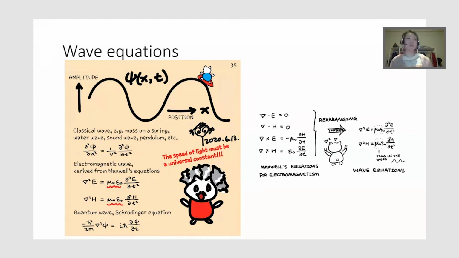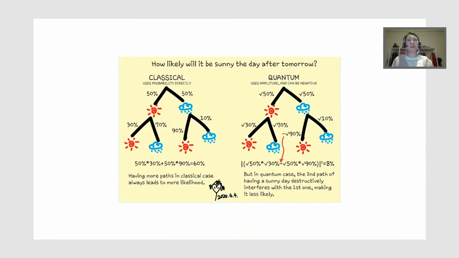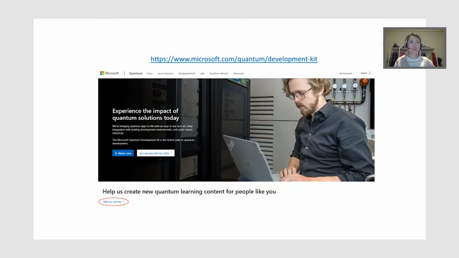But again, you don't need any of this to do quantum computing, but I still like to show you. This is what you need to know about quantum computing: amplitudes can be negative or complex, and they can do destructive interference. Okay, so that's what I want to show you today.